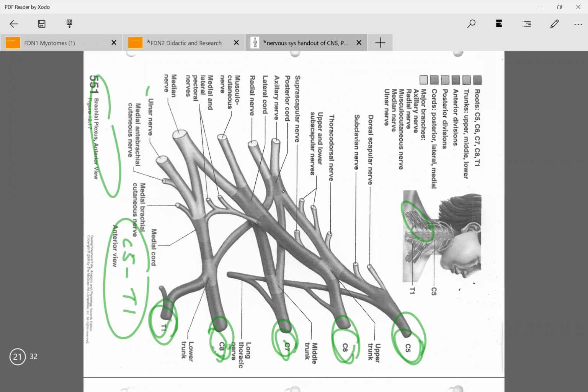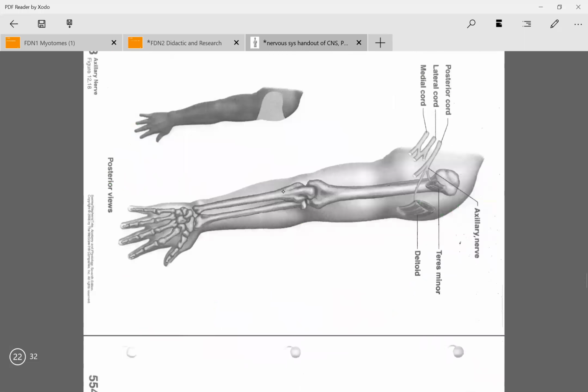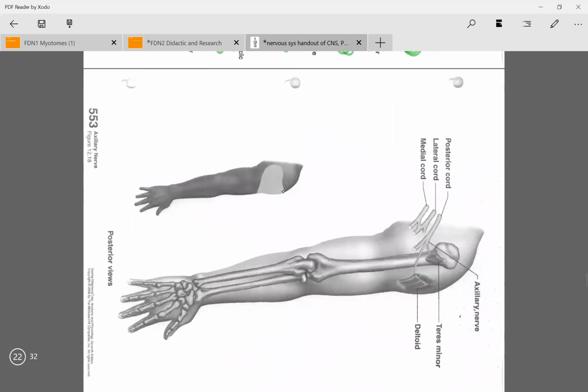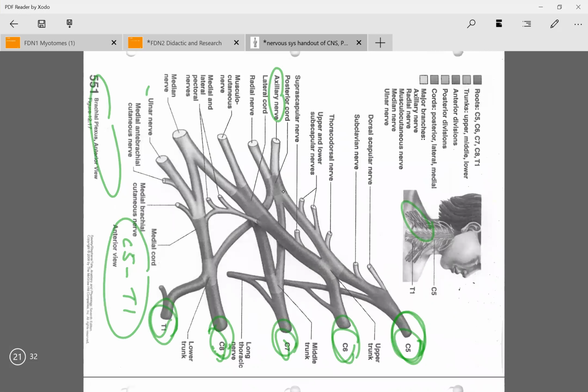And here are those names. So C5 turns into the axillary nerve. And we'll be doing this again. So like right here, you'll be seeing it again, okay? So C5, axillary nerve.